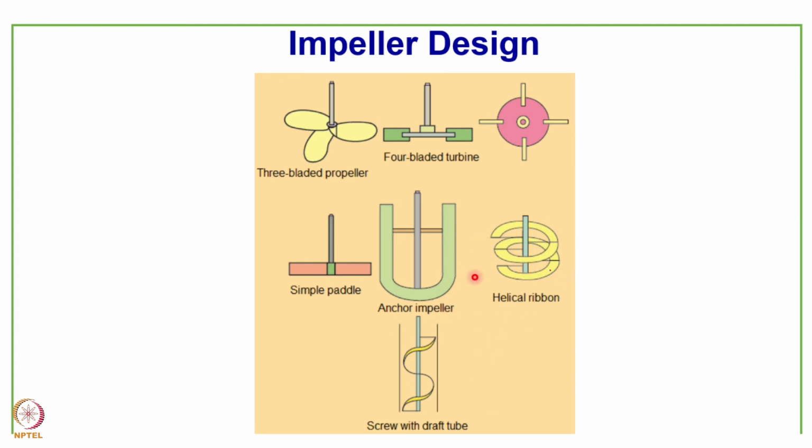These would depend on what you want to do, what kind of material you have, and so on. So different types of impeller designs are available. Now let us see the other methods also in this liquid metallurgy route of making metal matrix composites.